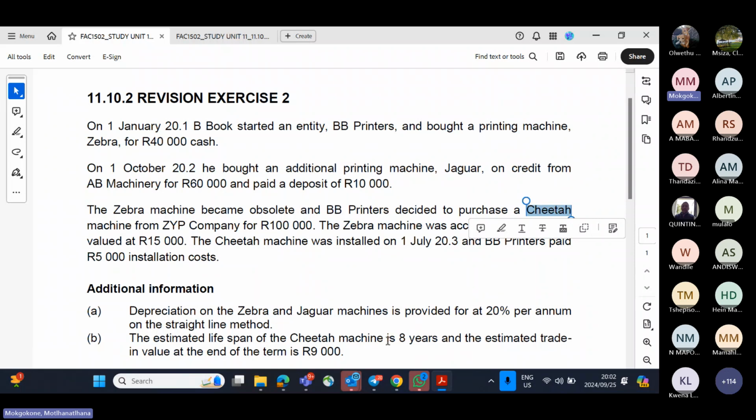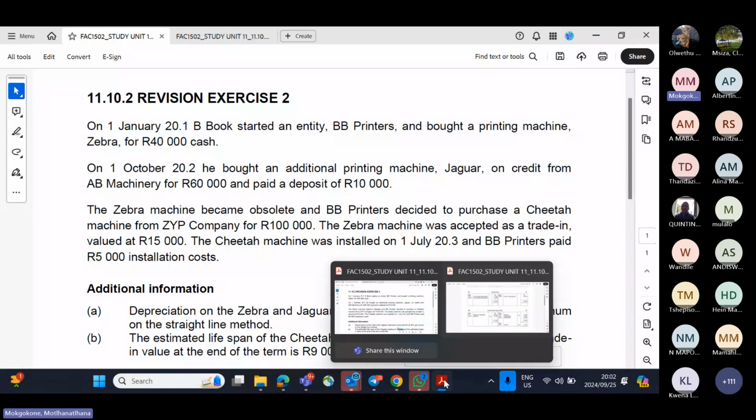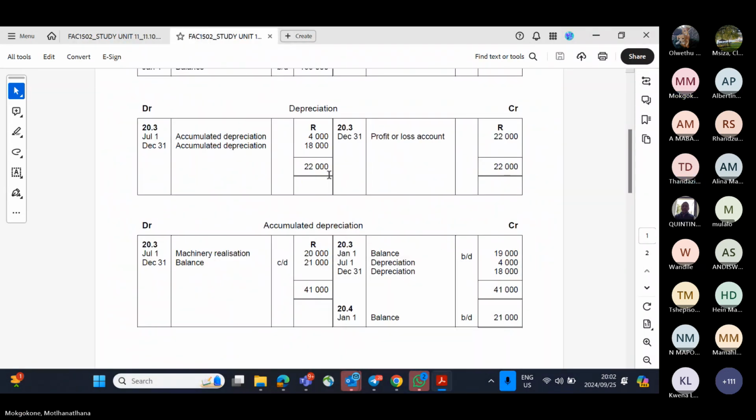And here they said the estimated useful life of the cheetah machine is 8 years, and the estimated trade-in value was 9,000. If you say 105,000 minus 9,000, they will give you 96,000. And you said 96,000 divided by useful life, divide by 8, they will give you 12,000. And 12,000 plus 6,000 is how much? 18,000. I think this is the 18,000 here. This is for the two machines.